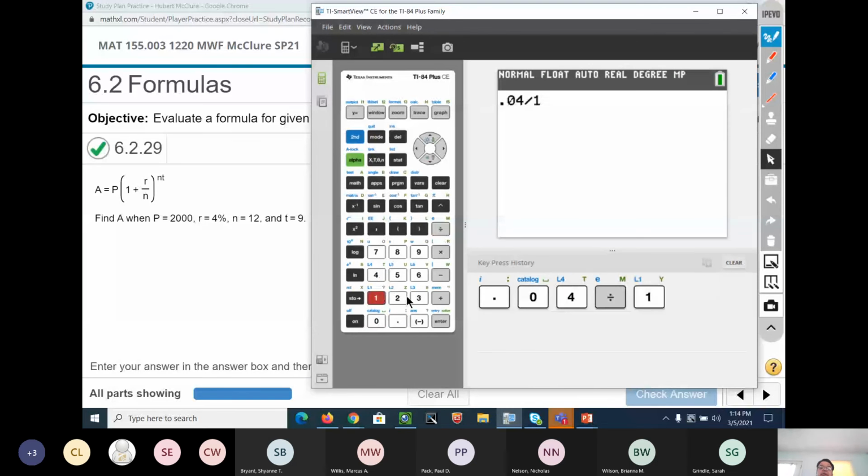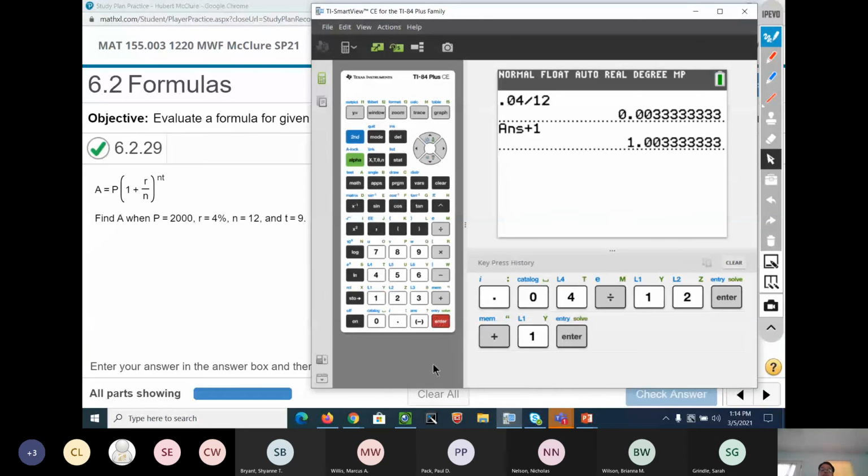And you can see the keystrokes right down here below us. So 0.04 divided by 12. And then what? You're going to add 1. And you're going to raise that.